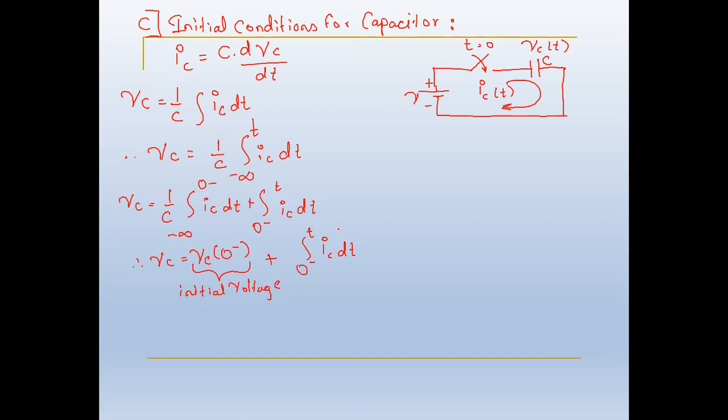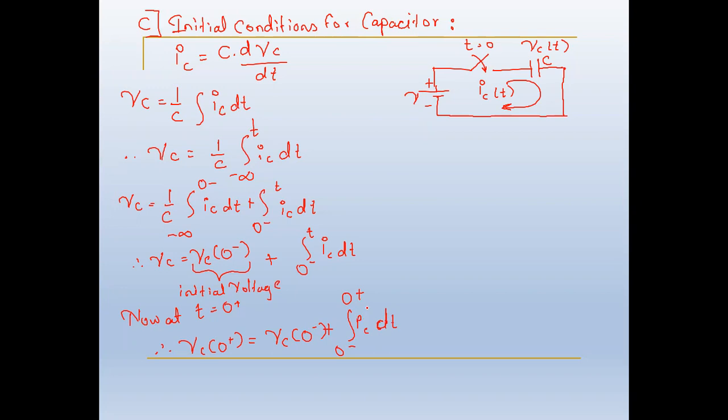Now at t is equal to 0 plus, that is, just after the switching, your equation will be Vc of 0 plus is equal to Vc of 0 minus plus integration from 0 minus to 0 plus of Ic dt.